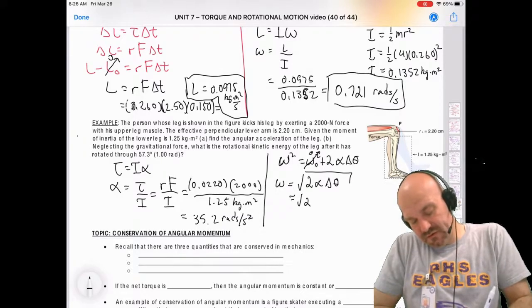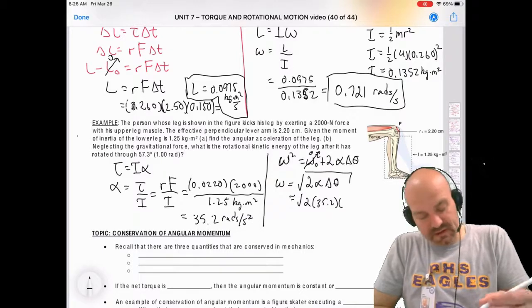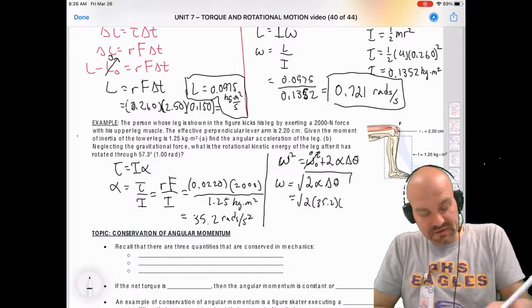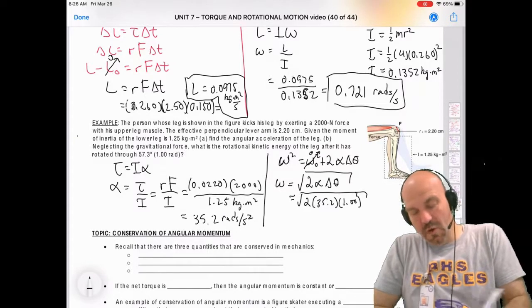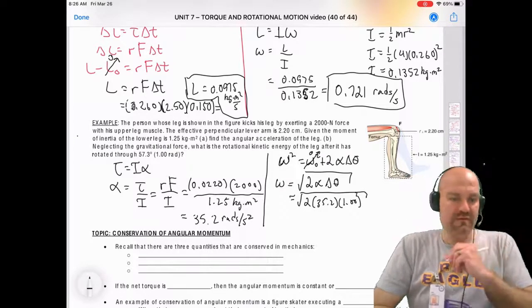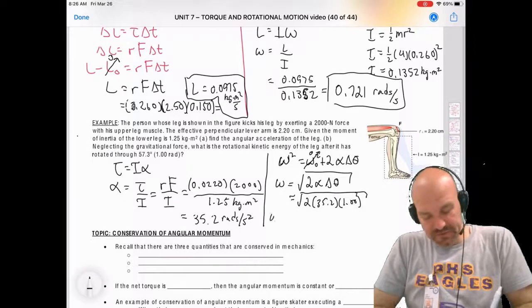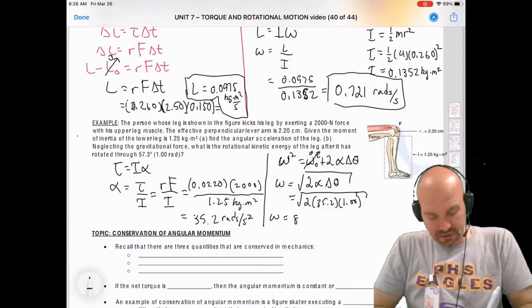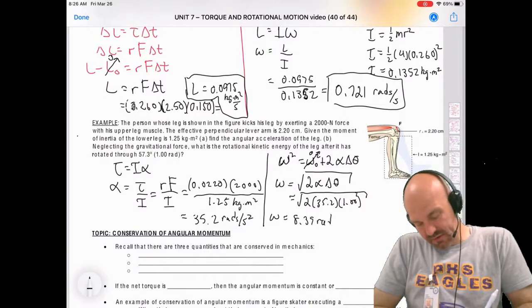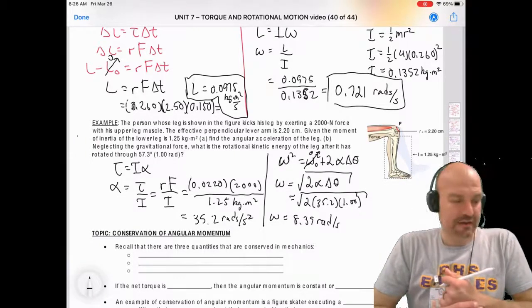And so it's going to be the square root of 2 times 35.2 times delta theta, which is 1, because it tells us 1 radian is 57.3 degrees. And so our omega will be 8.39 radians per second.